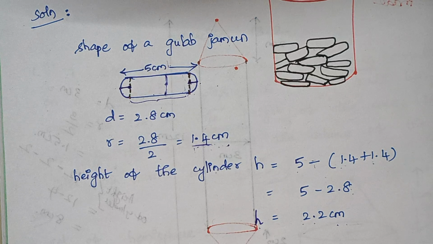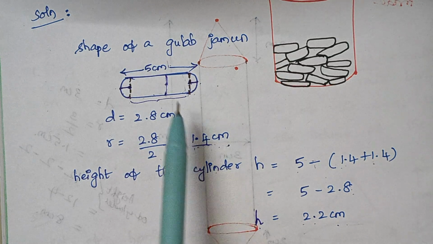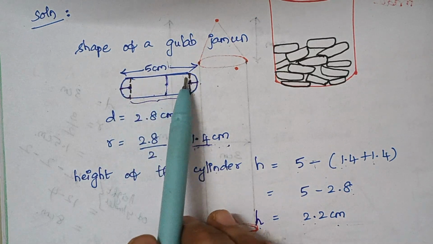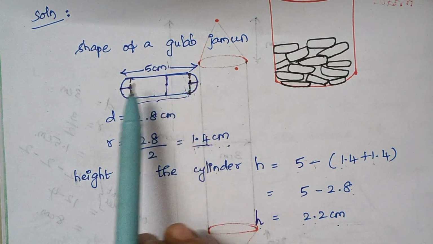Now we are going to find the volume of 1 gulab jamun, so that we can calculate the volume of 45 gulab jamuns. How to find the volume of this gulab jamun? The shape of a gulab jamun contains a cylinder and two hemispheres.